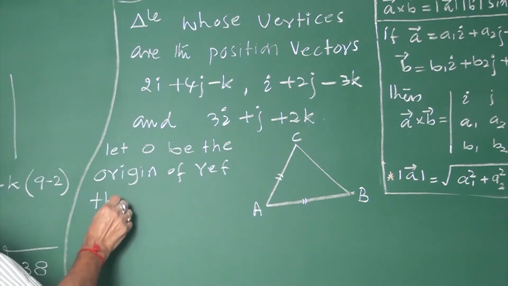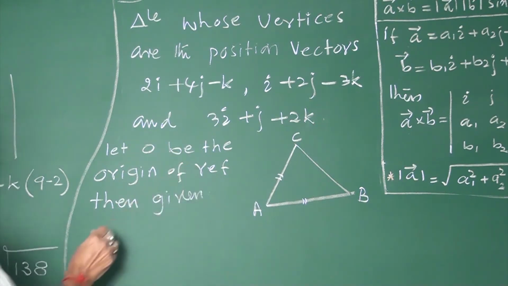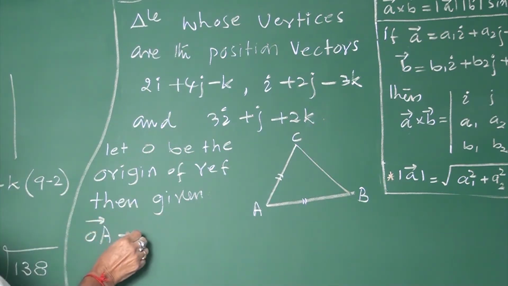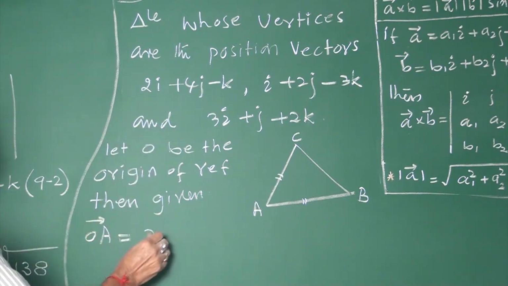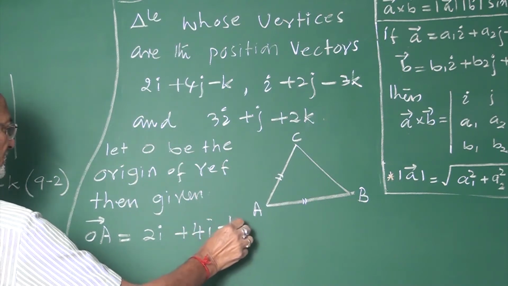Then, friends, given the position vector of the first vertex A, OA, is 2i plus 4j minus k.